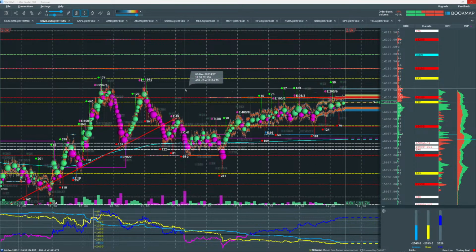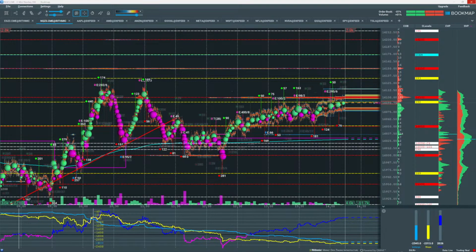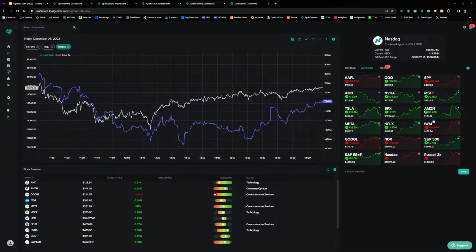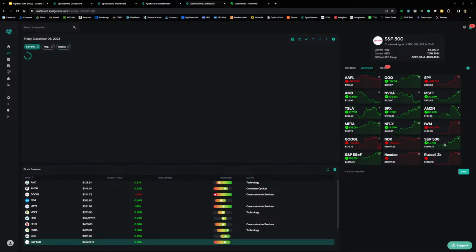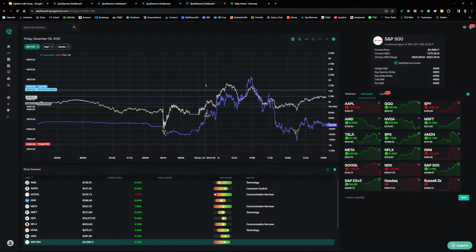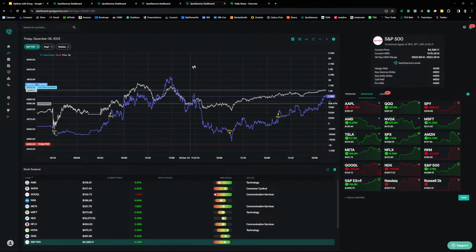All right, Mohammed, we'll take a look at SPY options. So let's go back to Hero. And as I mentioned, this S&P 500 signal is a combined signal for SPX, SPY, XSP, and ES futures.